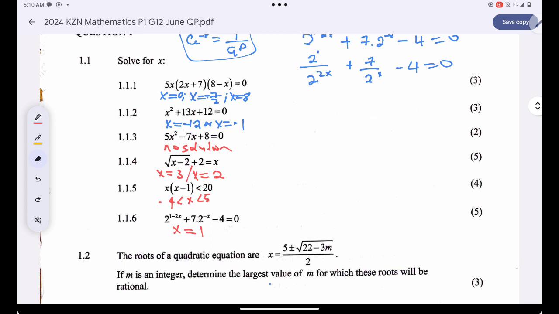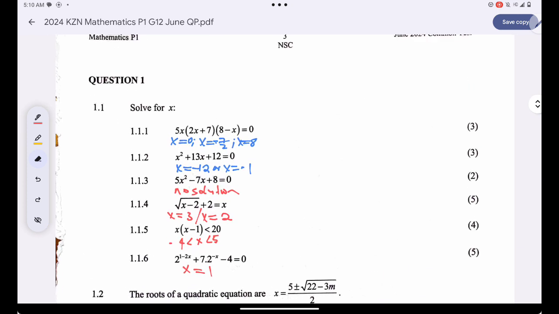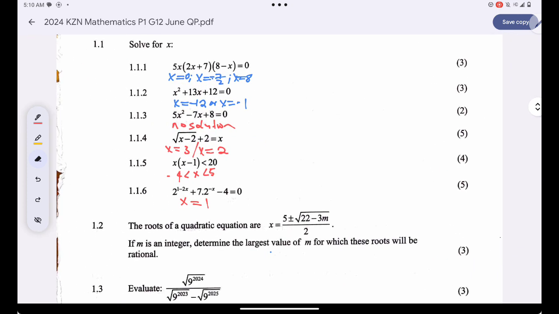If m is an integer, determine the largest value of m for which these roots will be rational. Okay, for the roots to be rational, it simply means that delta should be equal to a perfect square, right?